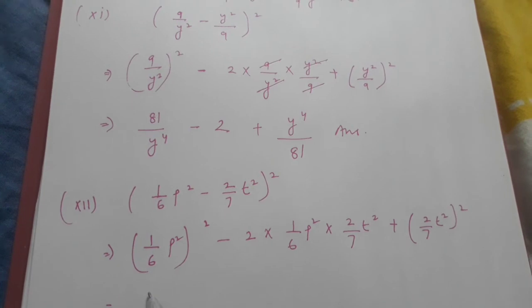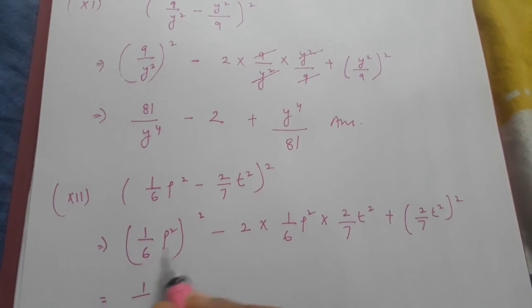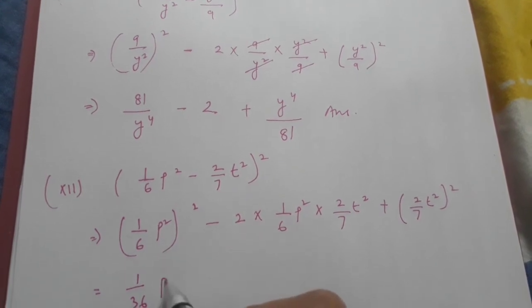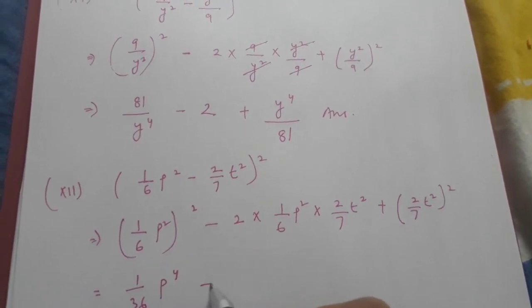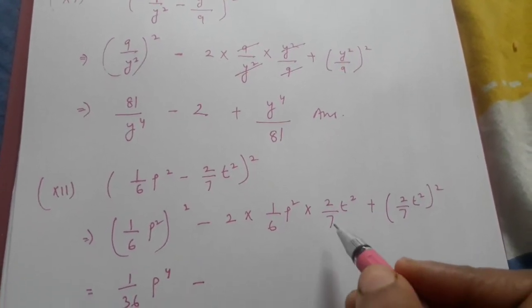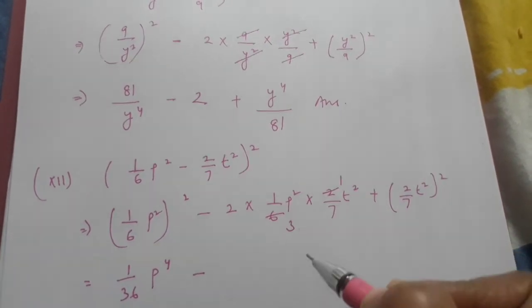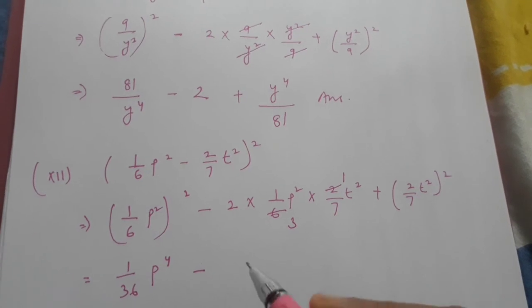So here (1/6)² means 1/36, (p²)² means p⁴, minus, here we can cancel 2 ones are 2, 3 sixes are 6. Nothing further is to be cancelled.